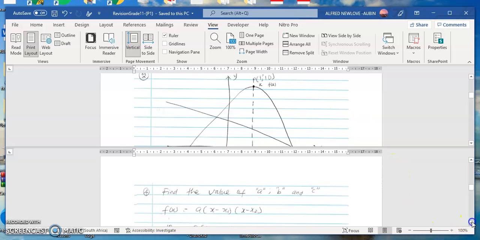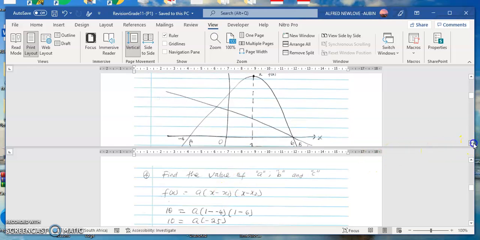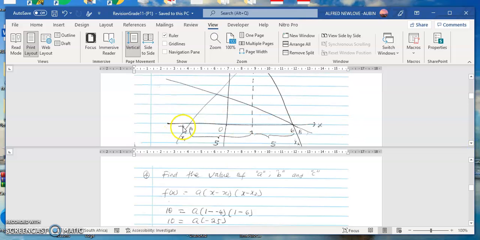So we need to substitute it into this function. So our A, what is our 1? 1 is the x, minus x1. What is our x1? Our x1 is this one, it's minus 4, into bracket, our x is still 1, the same x, minus our x2, which is 6.